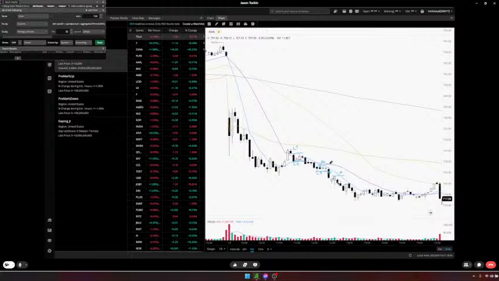Take 1, 2, 3, partial, stop above the pivot, partial, stop above this pivot, new low failure right here, and then I'm out. And then let's see what happens.